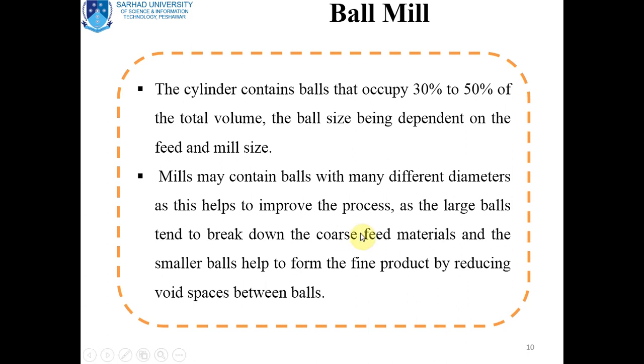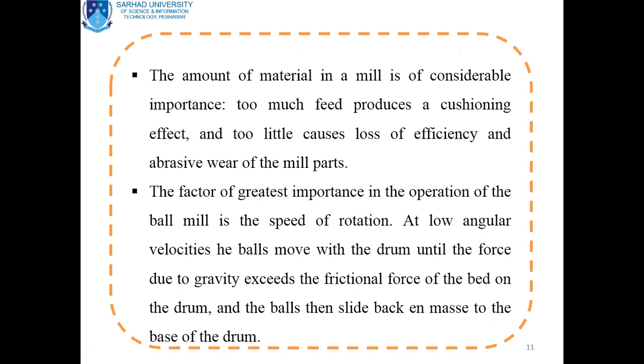This is the explanation of using the larger ball and the smaller ball: large balls will be able to break the coarse feed material, and the smaller balls form the fine product by reducing the empty spaces between the balls.